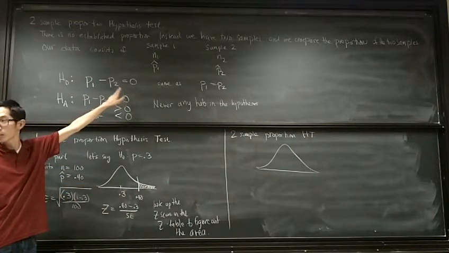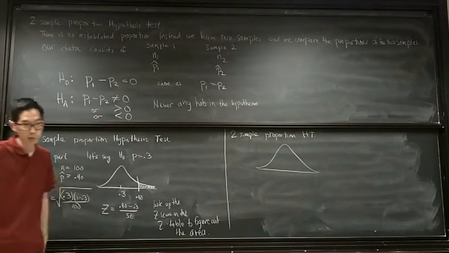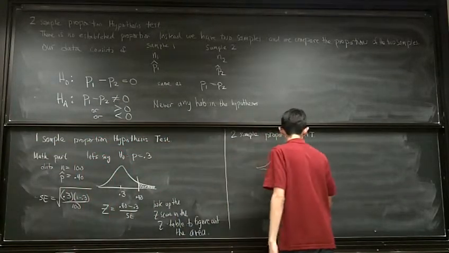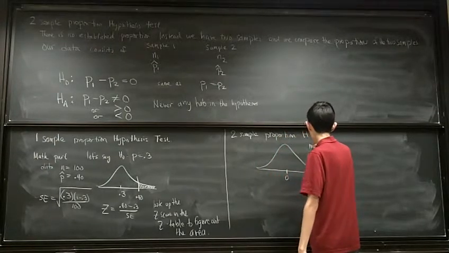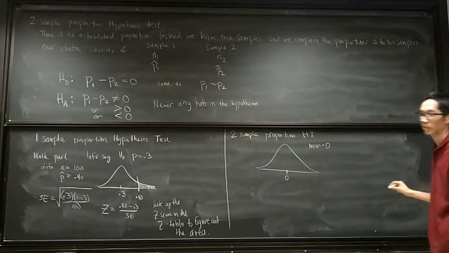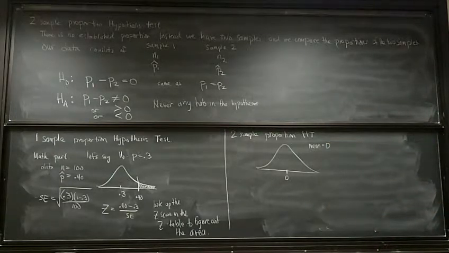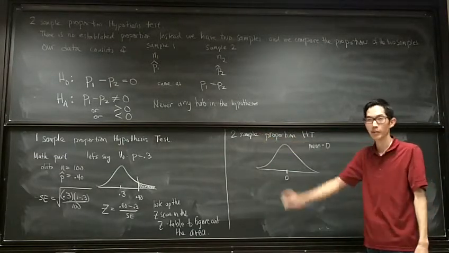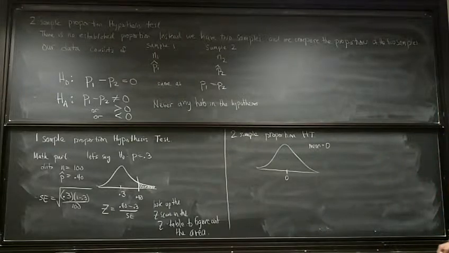Whatever we write in our null hypothesis, that's the number that we're going to use for our mean. So the mean is equal to 0. That's what we're expecting.